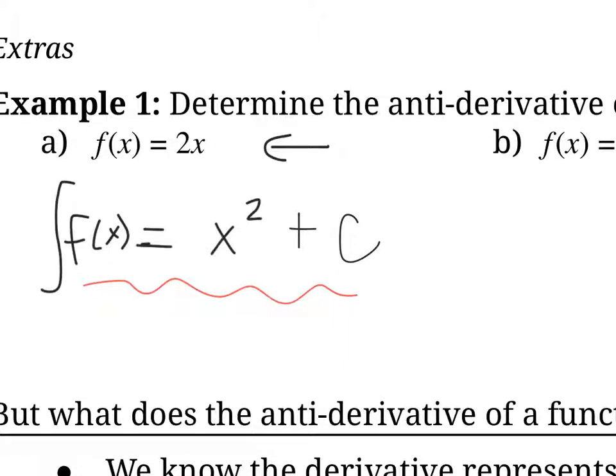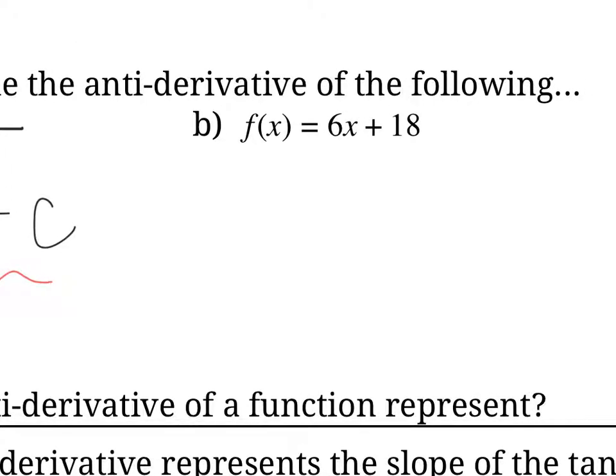So that's a pretty simple example where the integral worked out nicely. Let's try a little bit more of a complicated one. So we want to find the antiderivative, or the integral of f of x. Oh, I actually forgot something in the previous one. It's not just the integral of f of x, it's the integral of f of x dx, in terms of the variable x.